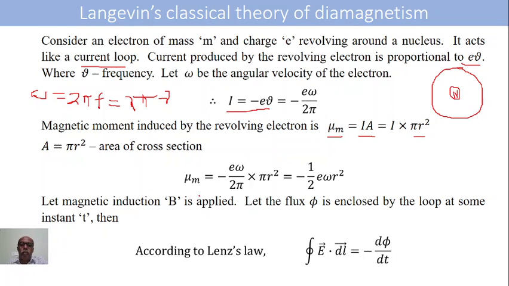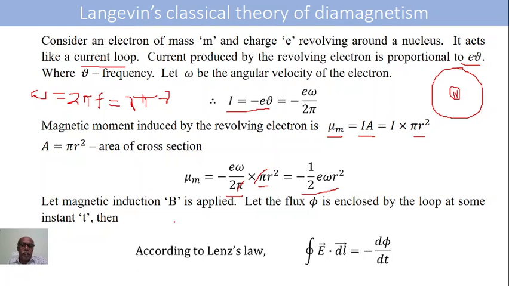Therefore mu m equals I into A. We know I is equal to minus e omega by 2 pi, into the area. Pi gets cancelled here, and therefore we get minus half e omega r square. This is mu m, the magnetic moment of the electron revolving around the nucleus.